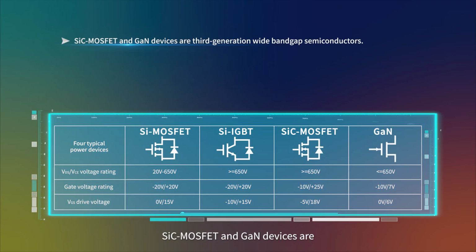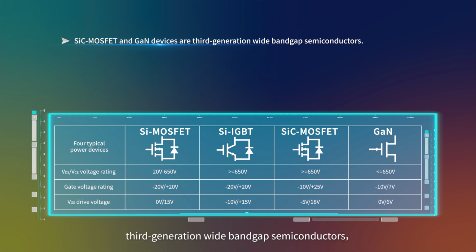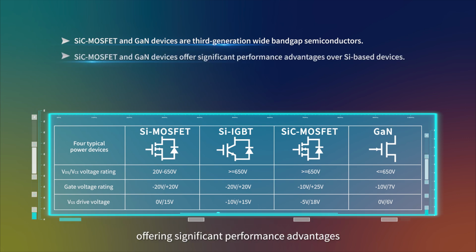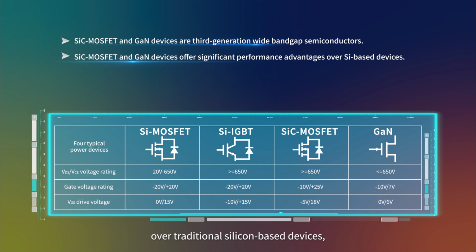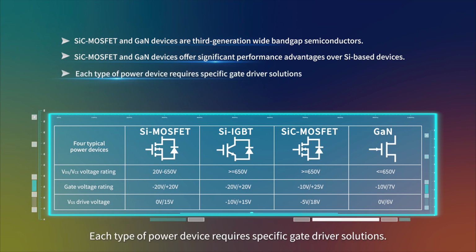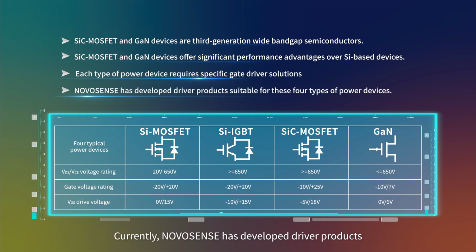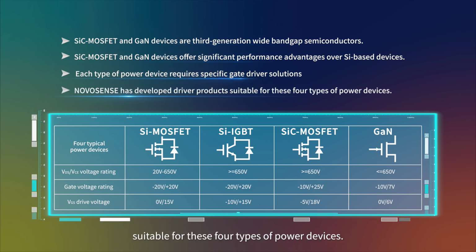Silicon carbide MOSFET and GaN devices are third-generation wide bandgap semiconductors, offering significant performance advantages over traditional silicon-based devices. Each type of power device requires specific gate driver solutions. Currently, NOVOSENSE has developed driver products suitable for these four types of power devices.